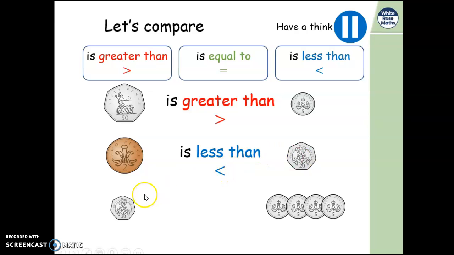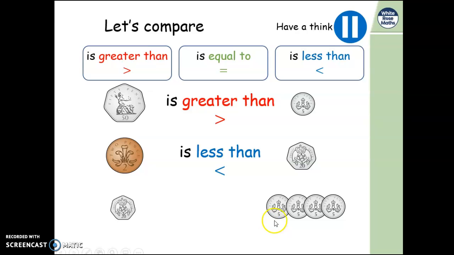Looking at this question here, we have 20p. Now, when we are doing this, we can't think, right, that's 1, 2, 3, 4, they aren't the value. That's just how many coins we've got. So we've got 5p's. 5, 5, 5, 5. Now we need to add these up. We need to count in 5s. So there are 4 coins.